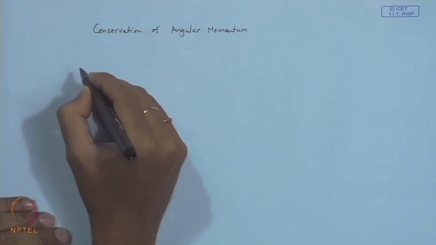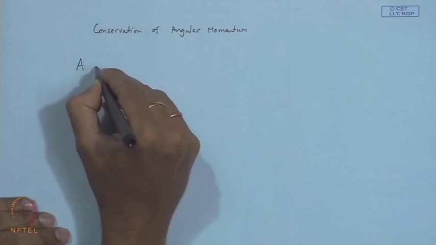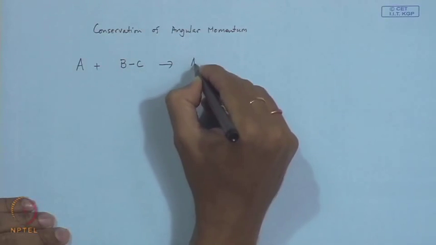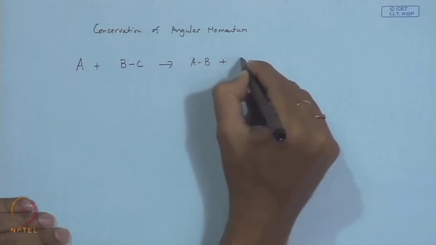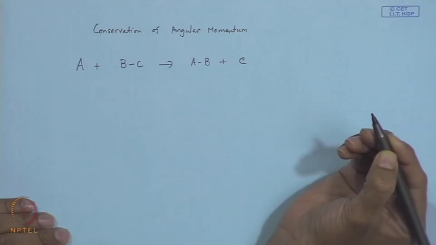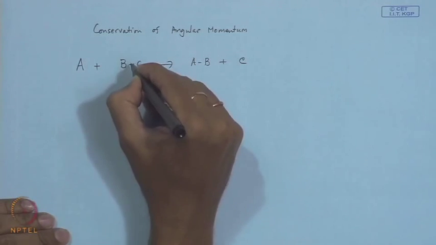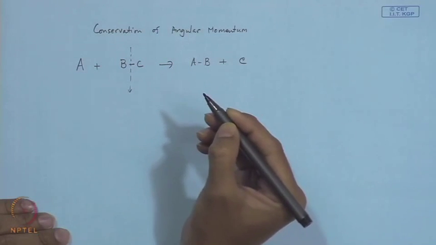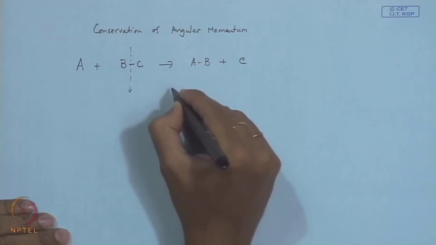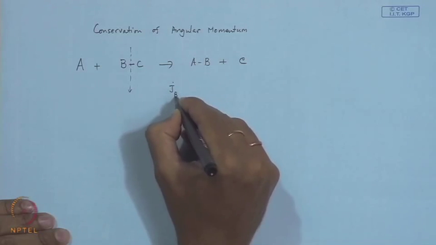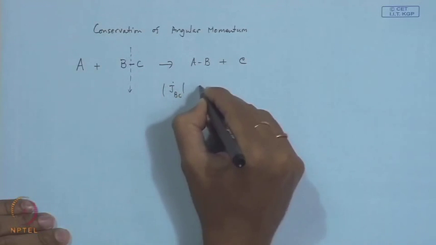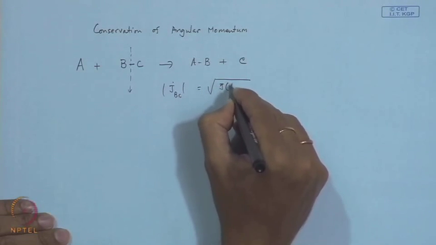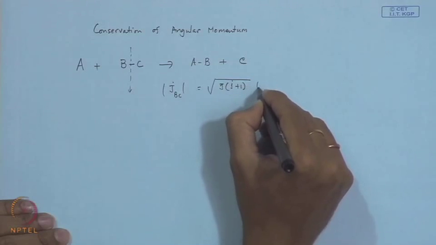We are talking about A plus BC giving rise to AB plus C. This has the rotational angular momentum J BC equal to root over J into J plus 1 in h cross unit.